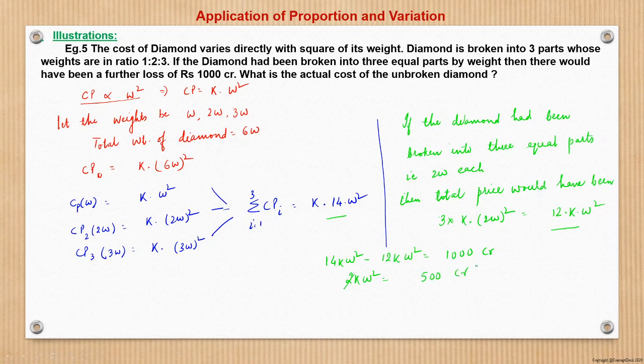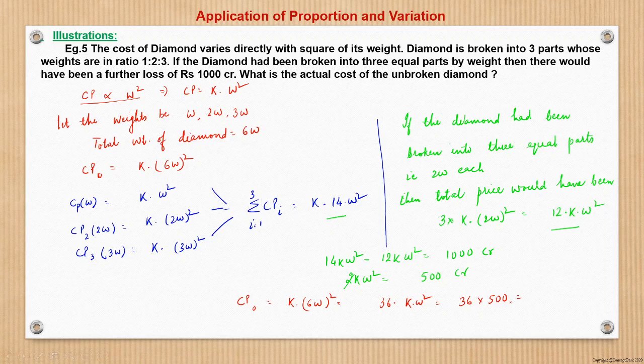That is given to us. So what is the original cost? Original price, I mean CP0. CP0 is K times 6W whole square, which is nothing but 36 into K W square, and K W square we know is 500 crore. So it will be 36 into 500 crores, right?